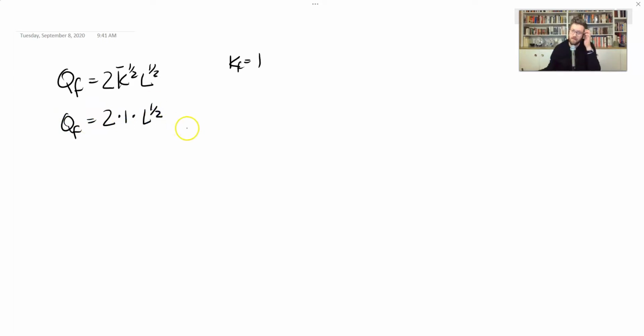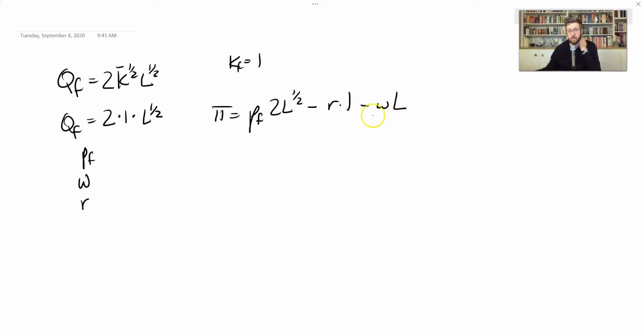If the firm is facing a price of P for food, a wage rate W, and a rental rate of capital R, the profit function we know from before is P_F times 2 times L to the 1/2, minus R, which, times 1, is the cost of capital, minus W times L.